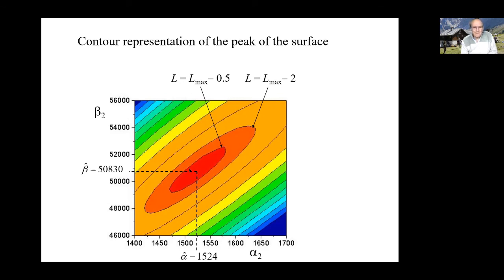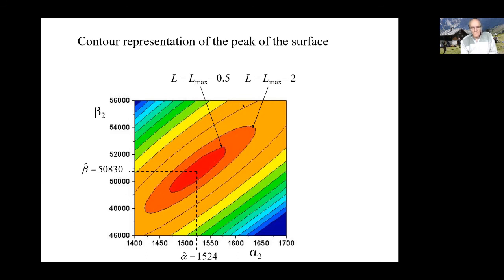but you can calculate things called likelihood intervals. The likelihood interval for the shutting rate constant alpha would be the value which was tangent to that contour there. The likelihood interval for the opening rate constant beta would be the value that is tangent to that contour here.